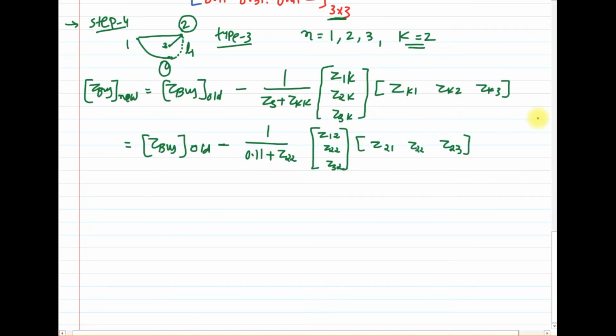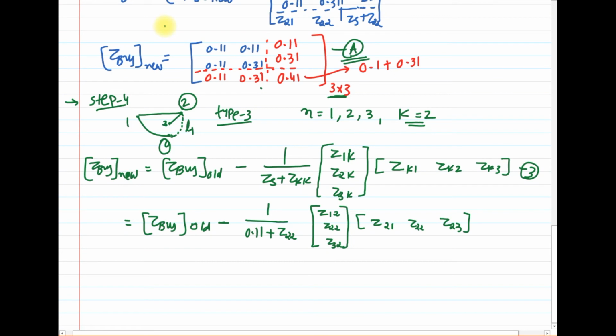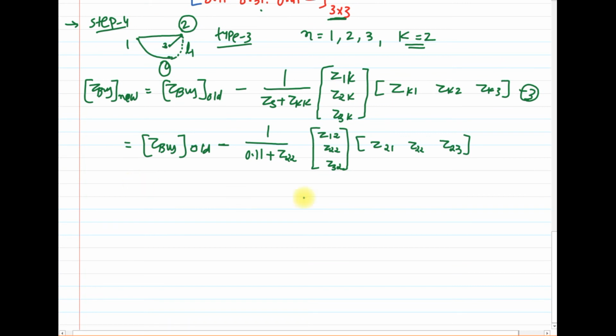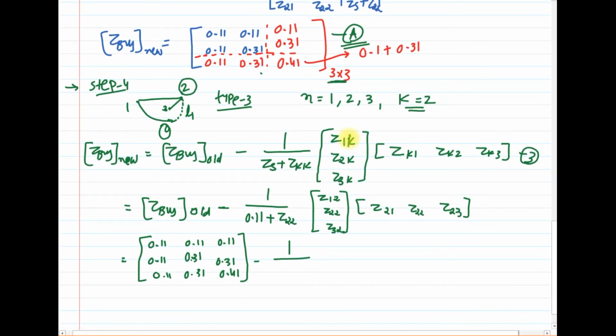Clear? So now just substitute the value of each and every element from this Z bus old matrix, or I can say matrix A, which we have derived in the previous modification. For step 4 it is the matrix from step number 3. So I will write that matrix, minus 1 divided by, now I will use a different color so you can easily visualize that, minus 1 divided by 0.11 plus Z22.